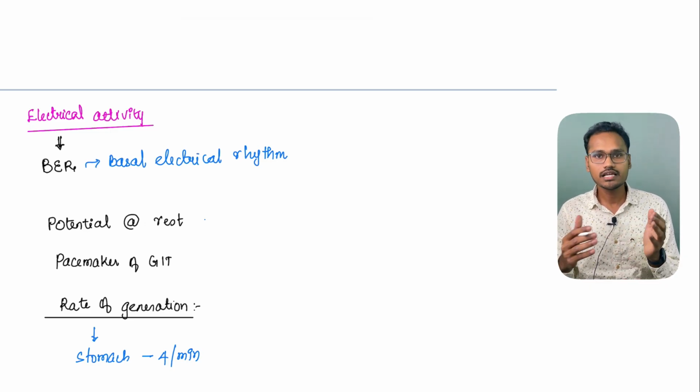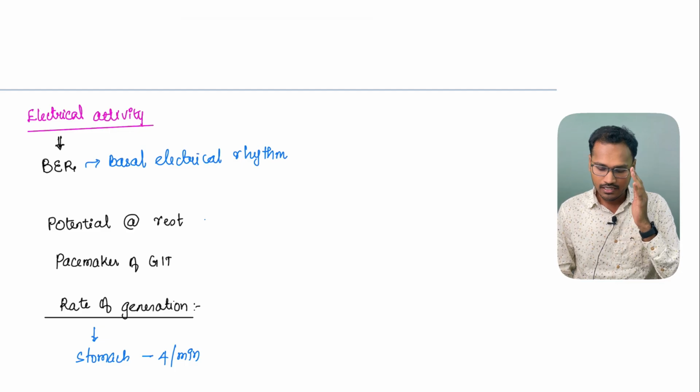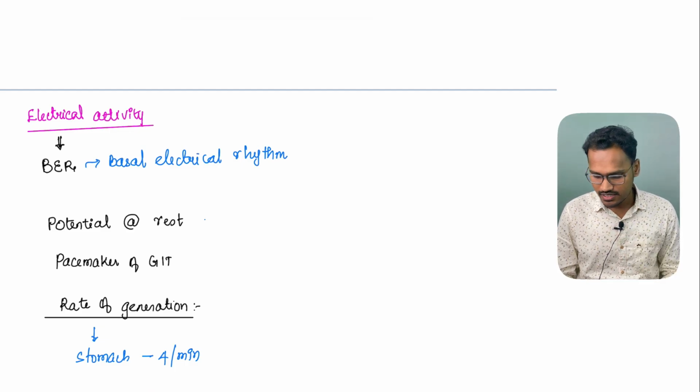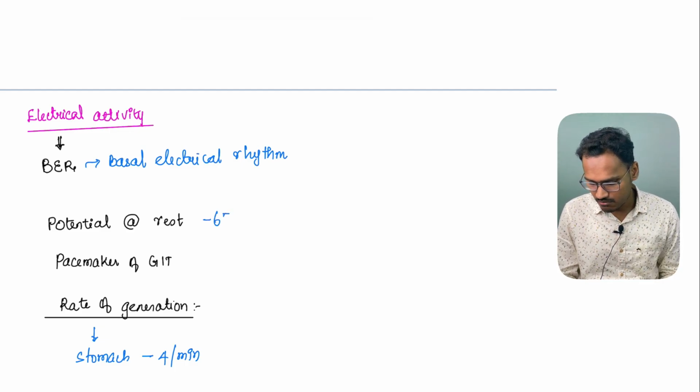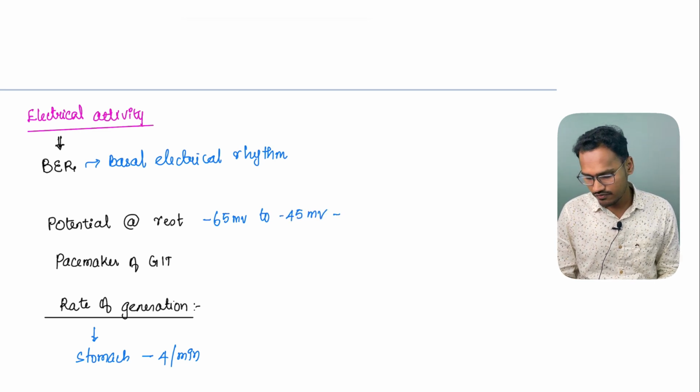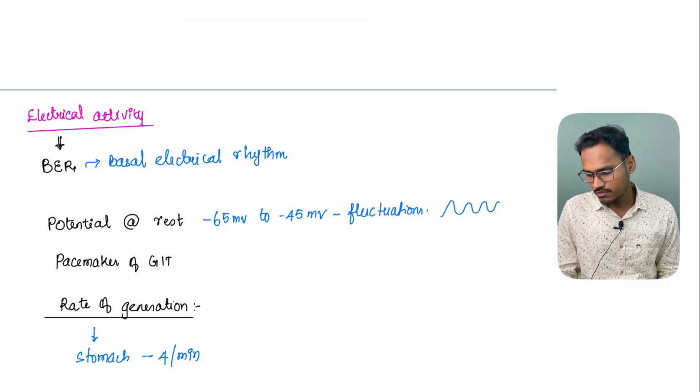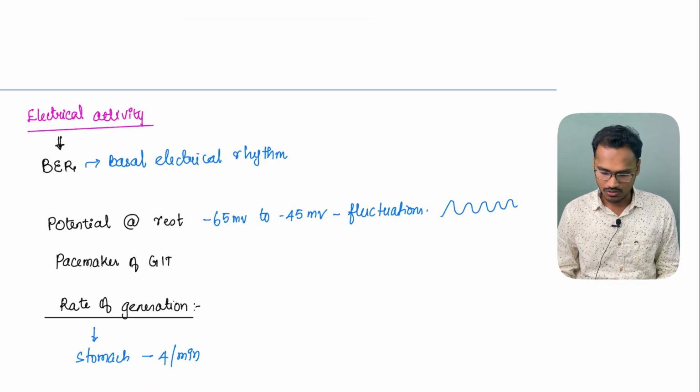You can imagine it like a baseline RMP only. The potential at rest generally varies from minus 65 millivolt to minus 45 millivolt. So as you can see, it is a fluctuating type of movement. There is constant fluctuation, so the membrane potential is moving up and down, up and down.